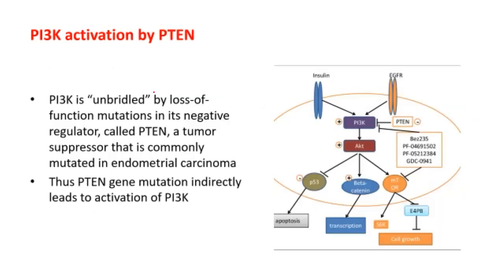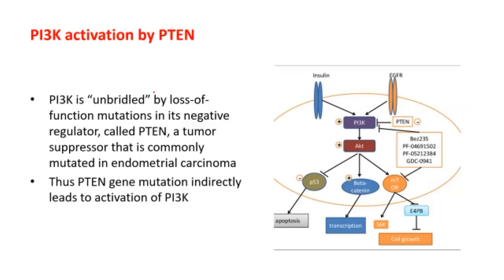PIK3 can also be activated through PTEN. PIK3 is unrestrained by loss of function mutations in its negative regulator called PTEN. Thus, PTEN gene mutation indirectly leads to activation of PIK3. It's like PIK3 is under the control of PTEN, and mutation in PTEN will increase the activity of PIK3. Mutations in PTEN are usually seen in Cowden syndrome.